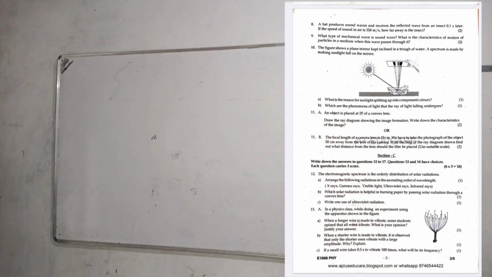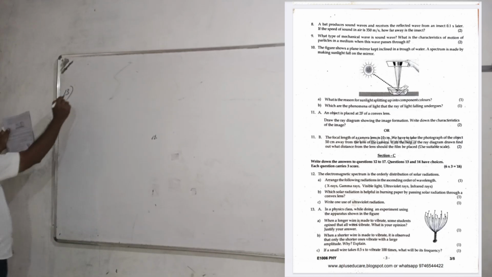13th question. In a physics class, while doing an experiment using the apparatus shown in the figure, question A: when a longer wire is made to vibrate, some students opined that all wires vibrate. What is your opinion?